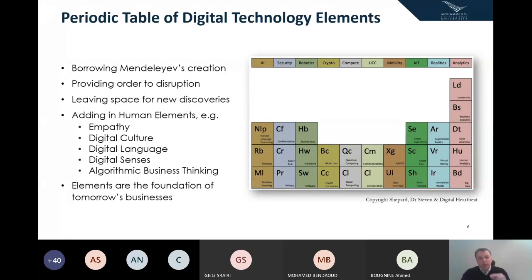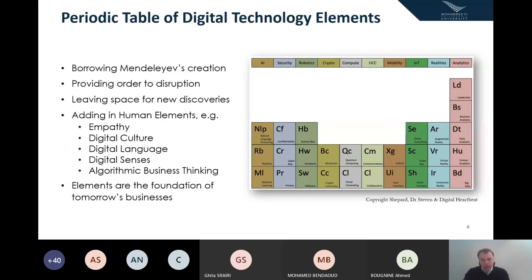In a sense, what we're trying to do with this version, which is focused on digital technologies, is an attempt to provide a way of ordering our business thinking about the various families of transformative technologies that are in fact disrupting our businesses today.